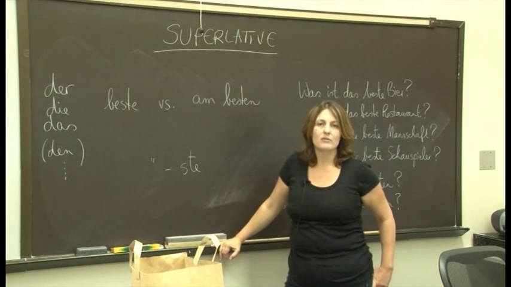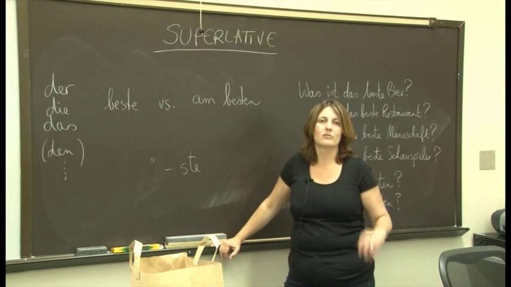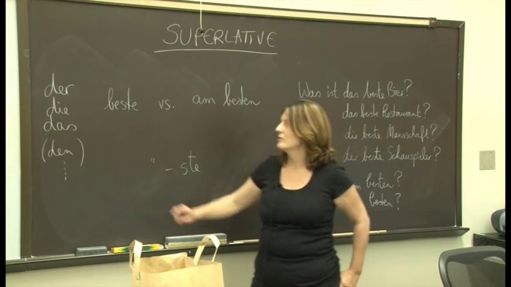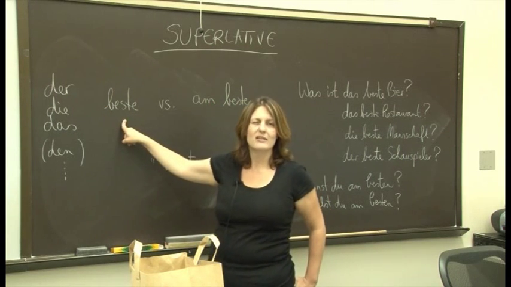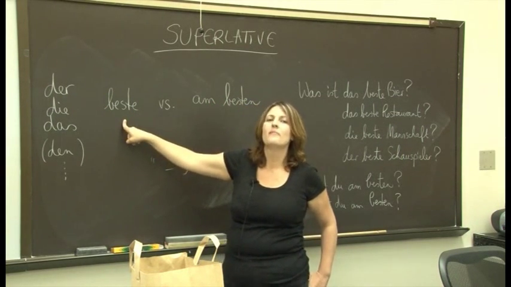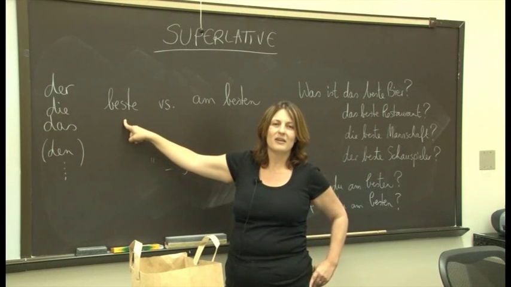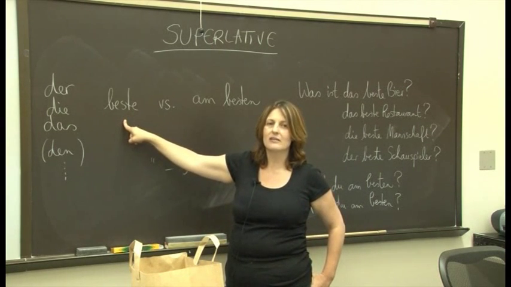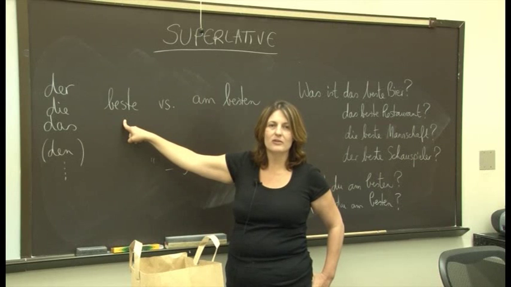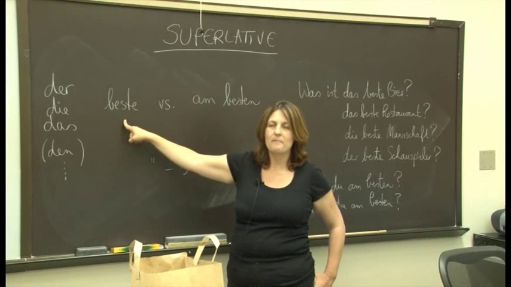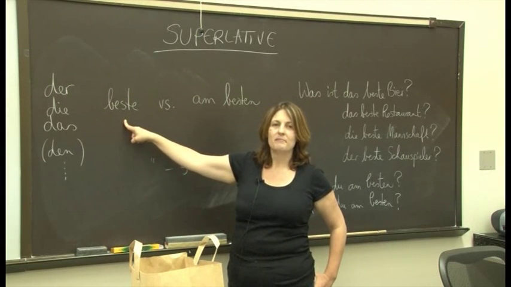Same thing with rivers. Let's do the longest river. River is der Fluss. So again, der längste Fluss. Was ist der längste Fluss in Europa? Schaut eure Karten an. Was ist der längste Fluss in Europa? Answer that question. Ja? Wisst ihr das?